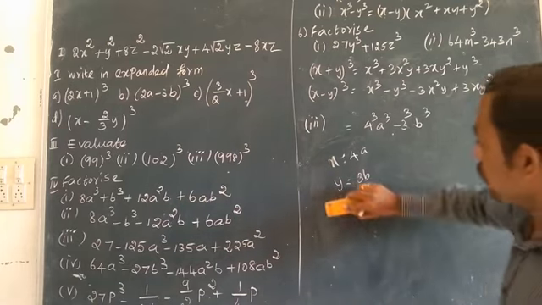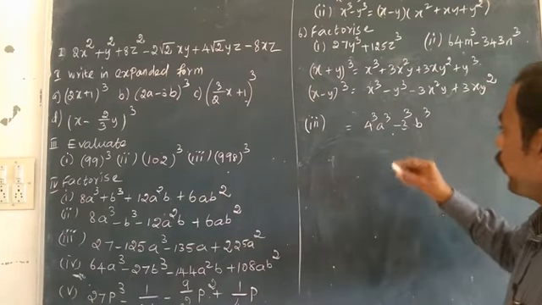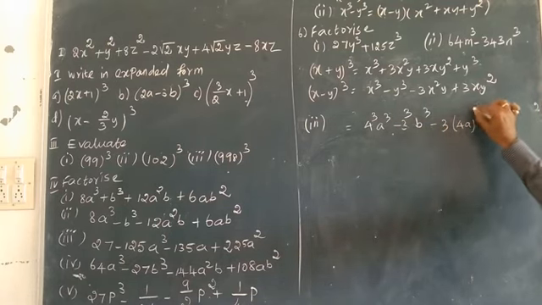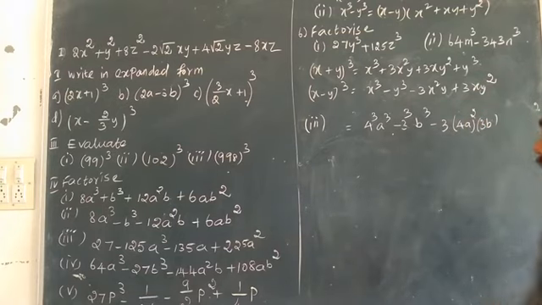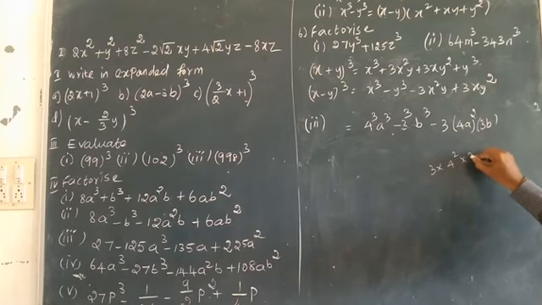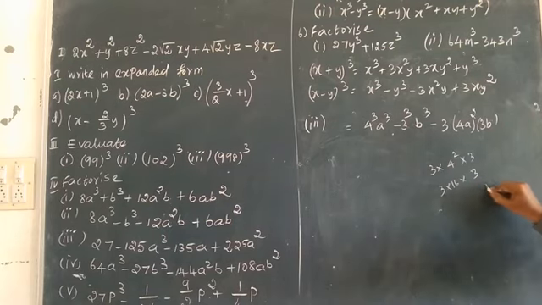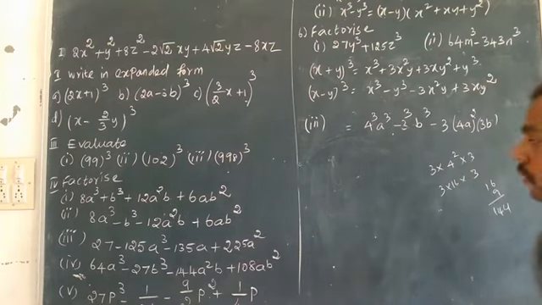So for that you are going to write minus 3 into 4a the whole square into 3b. Check. 3 into 4 squared into 3, that is 3 into 16 into 3, we need that number. So 9 into 16, that is 144. 144 is there, so it's correct. So like that you can split.